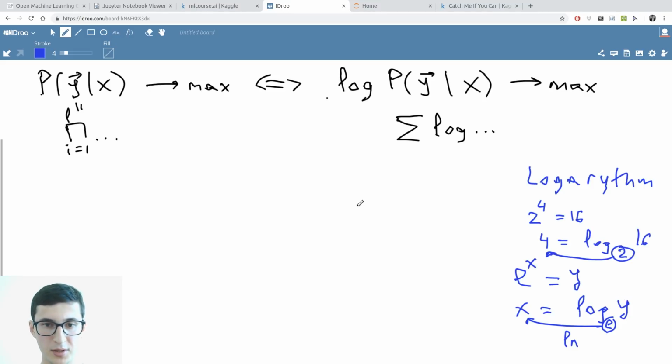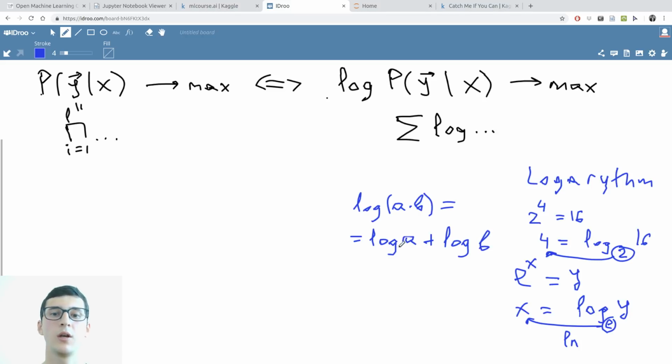And some properties. The logarithm of a multiplication of a and b is equal to log a plus log b. Actually, we can take the logarithm of only a positive value, so to be precise, we need an absolute value sign here.